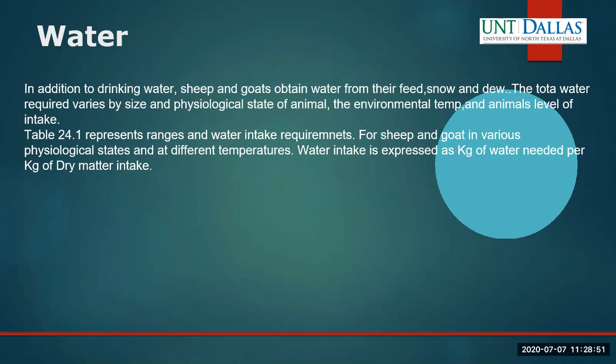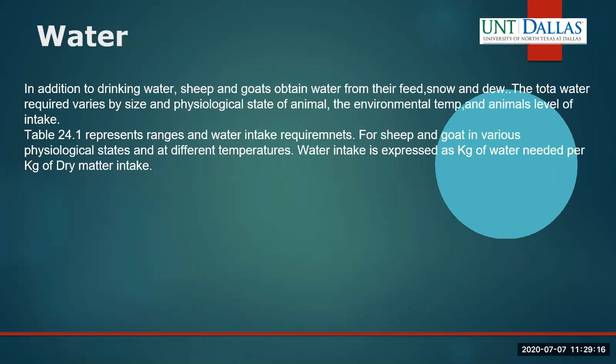The last of the nutrients required by sheep and goats is water. In addition to drinking water, sheep and goats obtain water from their feed or from snow and dew. The total water required varies by the size and physiological state of the animal, the environmental temperature, and the animal's level of intake.